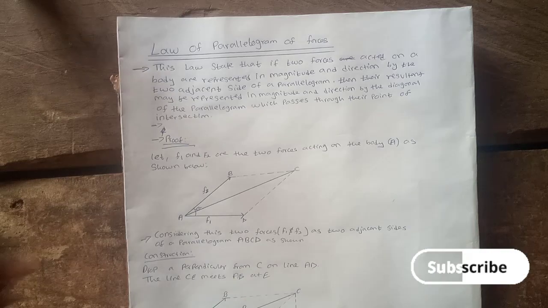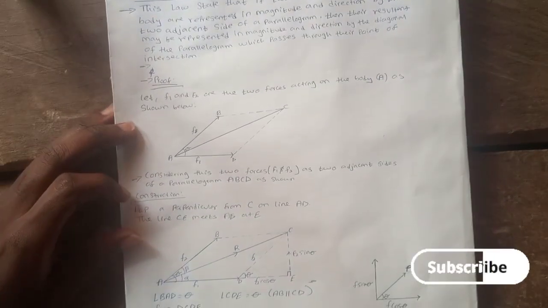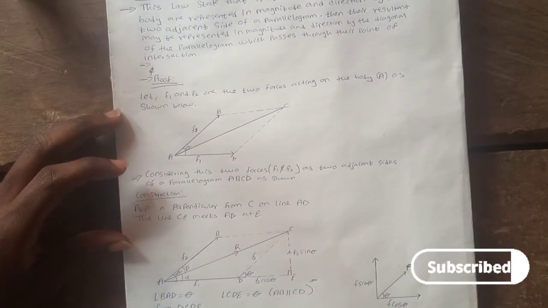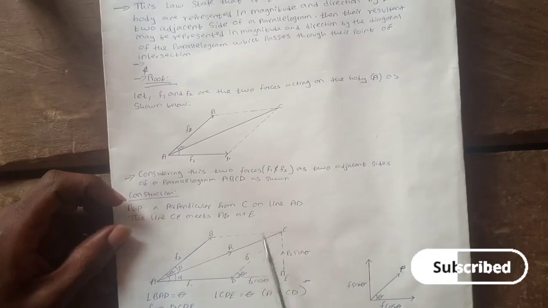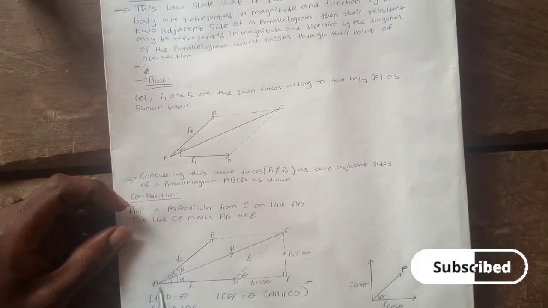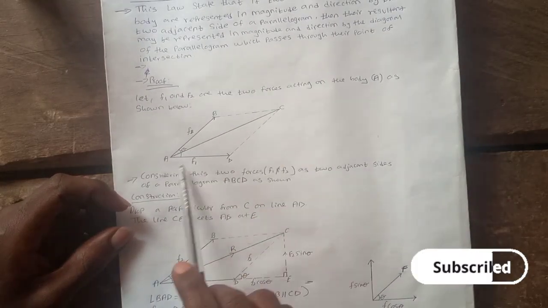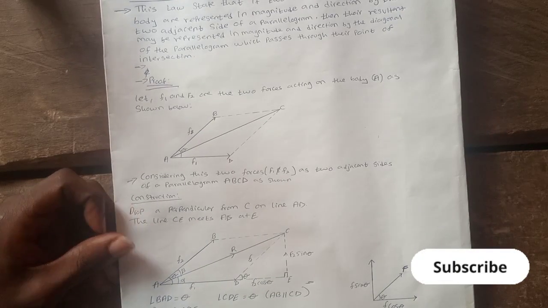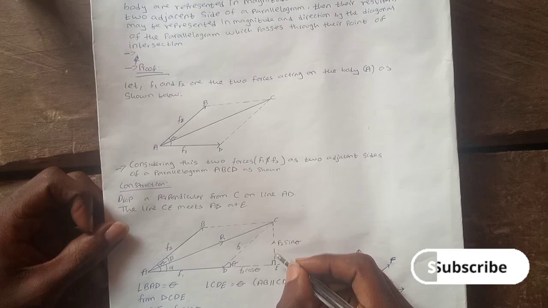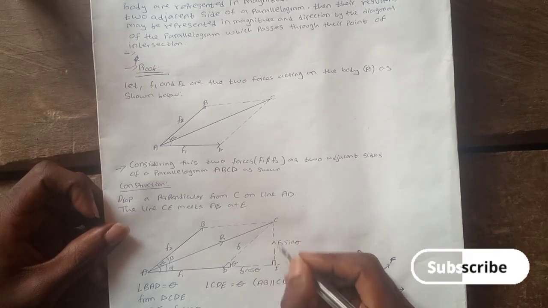So then we'll move to the proving of the formula. We're going to drop a perpendicular line from this C on the line AD. This is the line AD here, from this C on the line AD at point E, which is this one that you draw here.